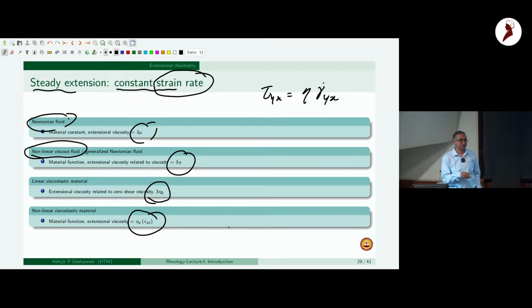And what has been observed in many engineering applications is that you can have two polymer melts which show identical shear viscosity. So the Newtonian plateau is there, followed by shear thinning, and they seem to be completely identical. But you put them in extensional flow, and the behavior is remarkably different.